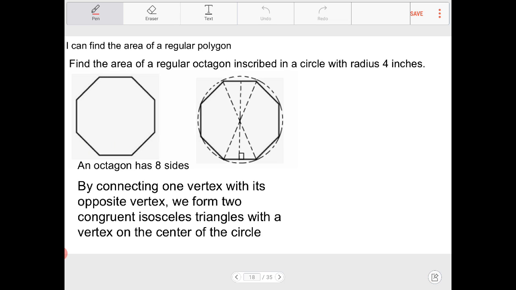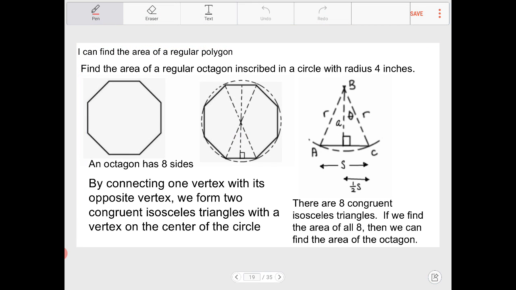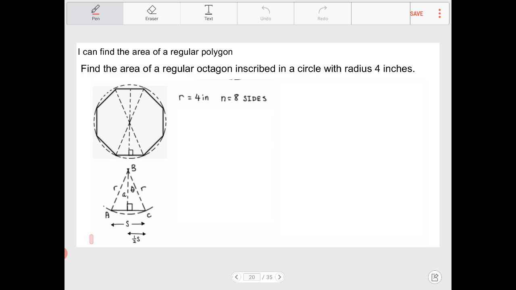Going by the same approach, this overall angle is going to be 360 divided by 8, and I have half of that angle. I don't know what the side length is, but I'm calling that S, so this side here is half S. This is the situation that I have: the radius is 4, and the number of sides is 8.